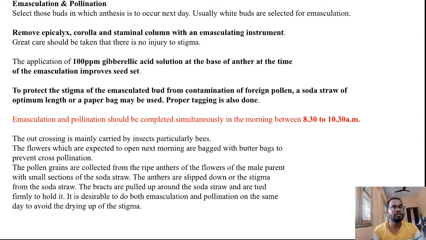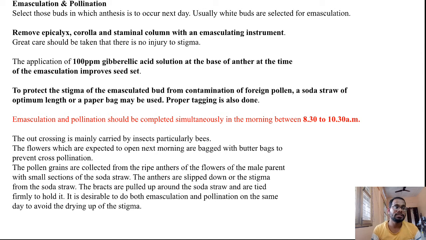During this process, if you use gibberellic acid at a concentration of 100 ppm on the anther, then we can also get improved seed setting.